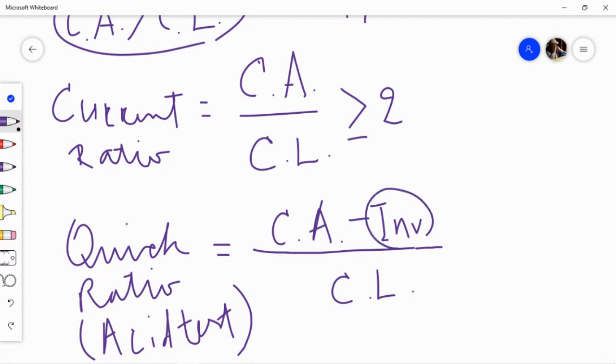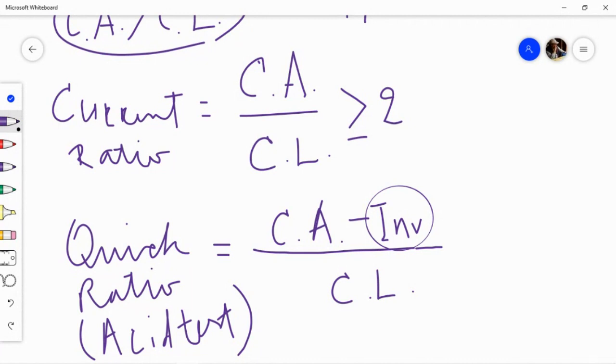So think about it. It will take at least a month, 3 months to liquidate the inventory. But then let's say you have urgent payment to make by the end of this week, or tomorrow, or in 3 days.